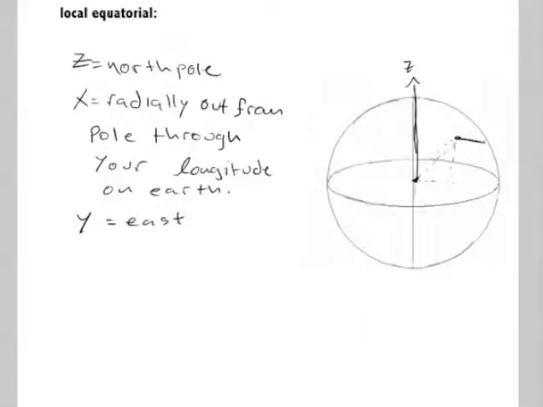X is radially outward from the North Pole. And y is east. Note that these are perpendicular to each other. Like I said, these are usually used to measure the antenna separation in an array.